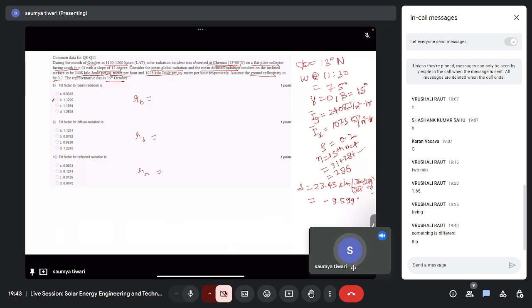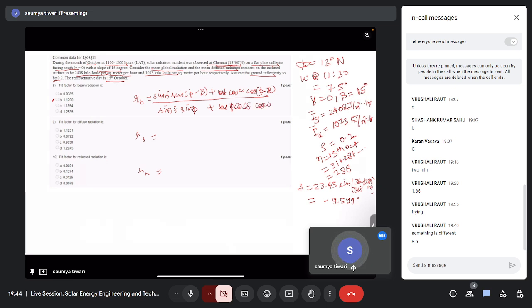Now coming to RB. The formula, if you remember, is cos theta by cos theta z. So cos theta on the tilted surface will be sine delta sine (phi minus beta) plus cos delta cos omega cos (phi minus beta). And on a horizontal surface, the cos theta value will be sine delta sine phi plus cos phi cos delta cos omega.